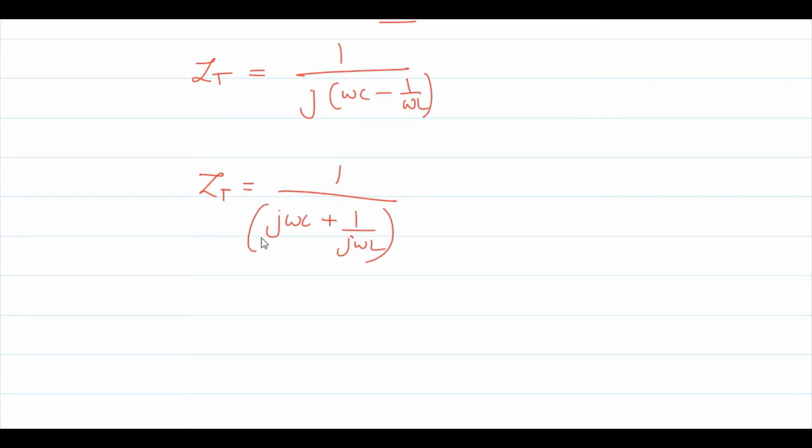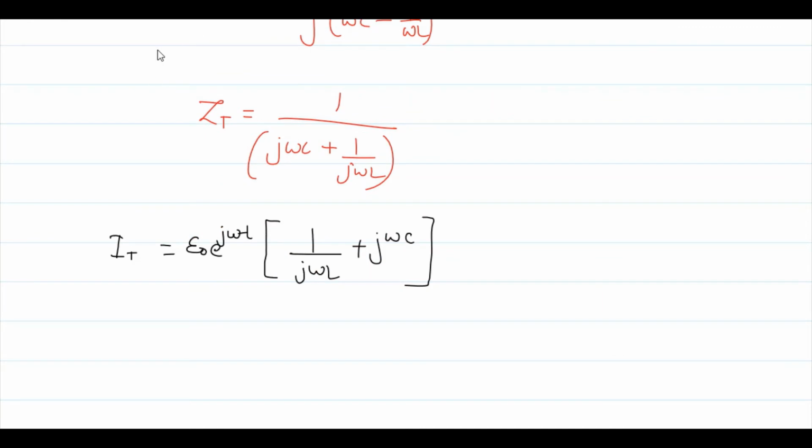Now if you compare this equation with the current equation, that is IT is equal to EMF, that is E naught e power j omega t, into (1 by j omega L plus j omega C).